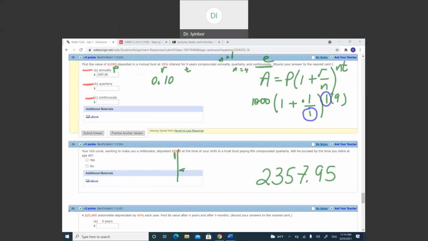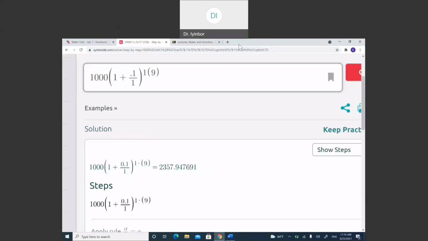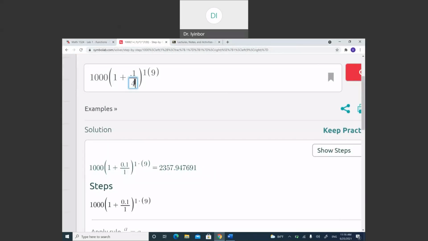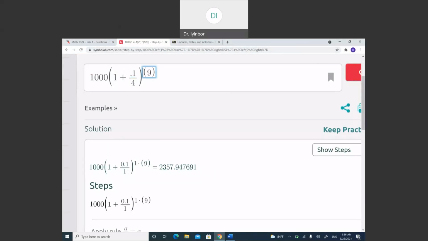Just change the numbers on the calculator to 4. So you can just go here and change the 1 to 4 in both of those places. And that's going to give me the answer.